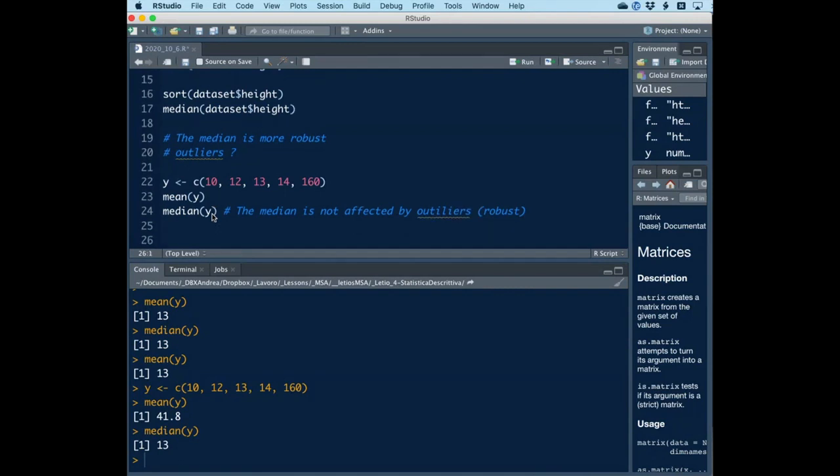And that's important. It's an important property when we describe central tendency. Because if we want to describe central tendency for data sets containing a few outliers, then we have to use the median. Otherwise, the mean is strongly influenced by those outliers.